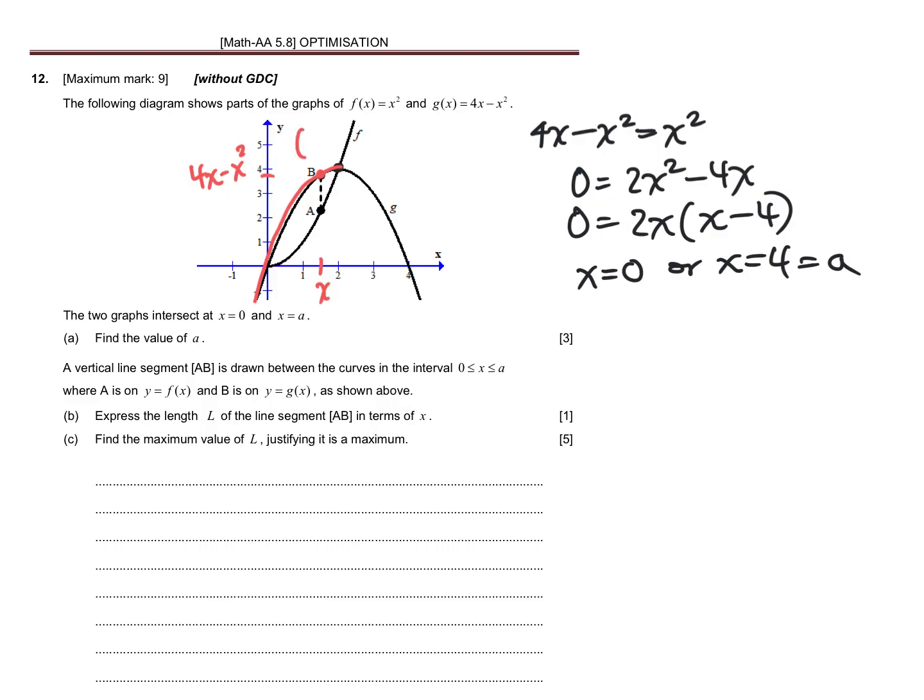Okay, that point B is x, 4x minus x squared, just the general point. Okay, so that is the height of B above. So L is going to be 4x minus x squared. And then from that, so that's this whole height here, okay?